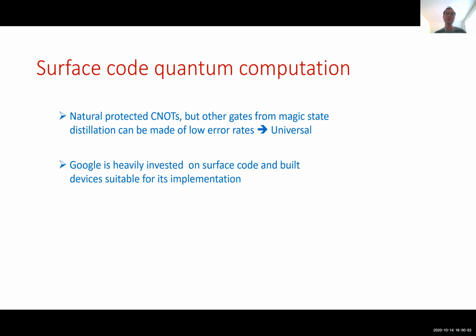Yeah, and notice that you could also apply magic state distillation to the Ising anyon to make universal gates.